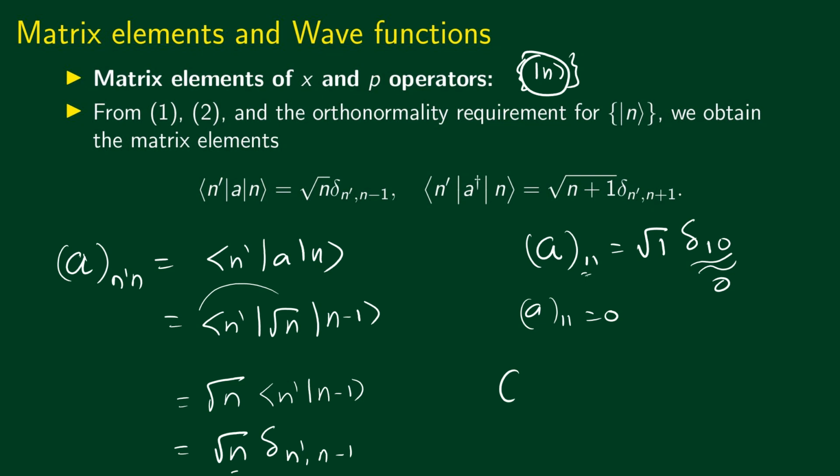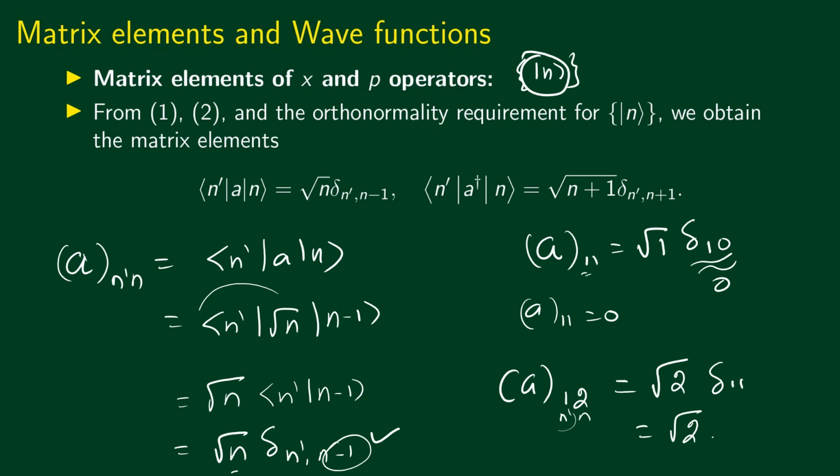Whereas if you want to calculate the matrix element A12, here n prime is 1, n is 2. You see that n prime is equal to n minus 1. So according to this relation, this matrix element is equal to square root of n, which here is square root of 2, multiplying delta, where n prime is 1 and n minus 1 is 2 minus 1, which is also 1. So A12 will be square root of 2.